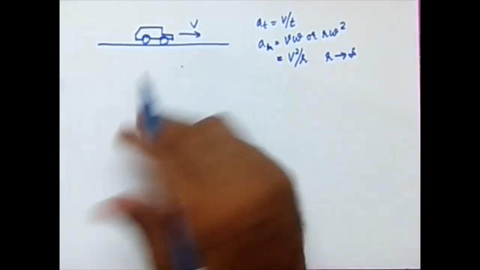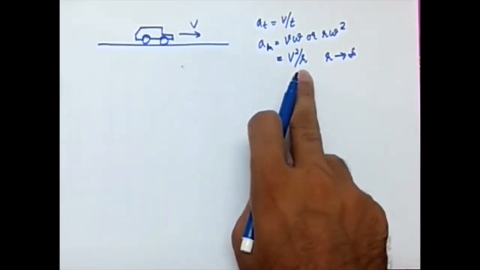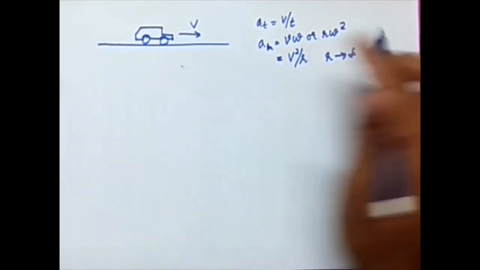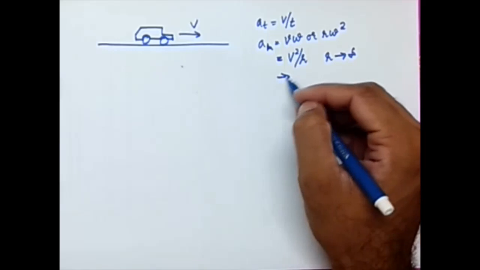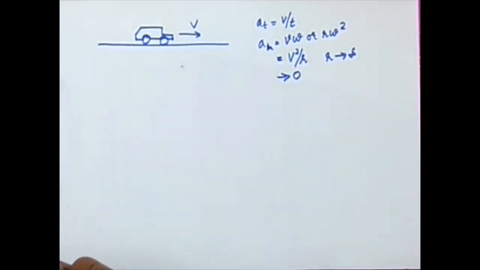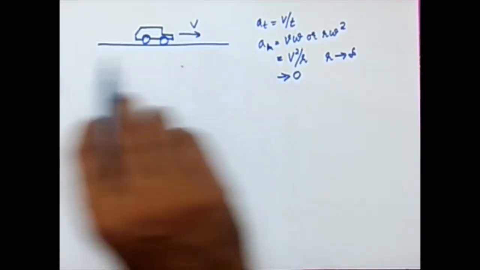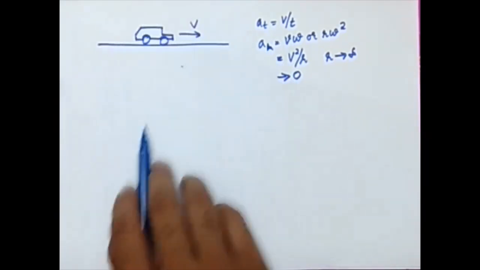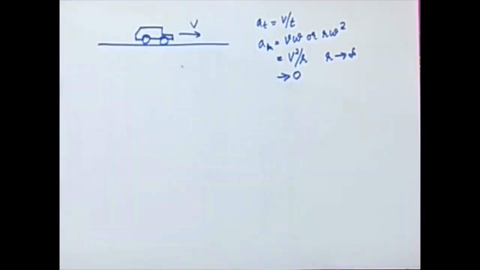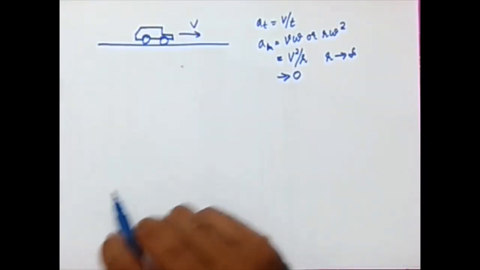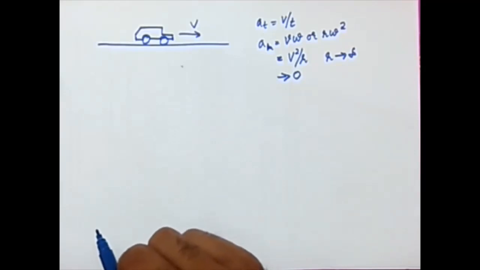So automatically, when this is infinity, the an reduces to 0. That is, when a vehicle is moving like this, it only has a tangential component and no normal component.